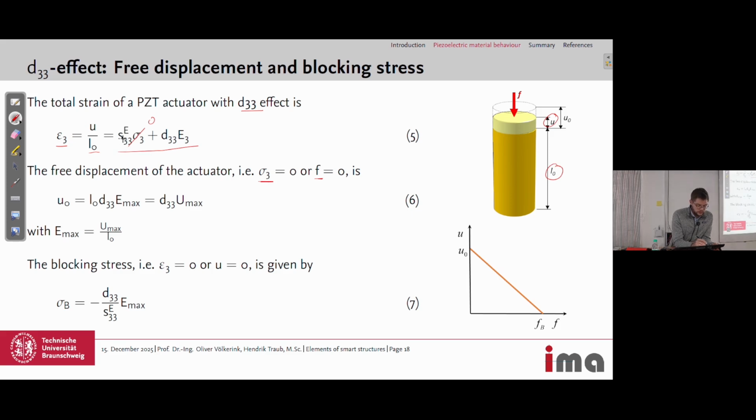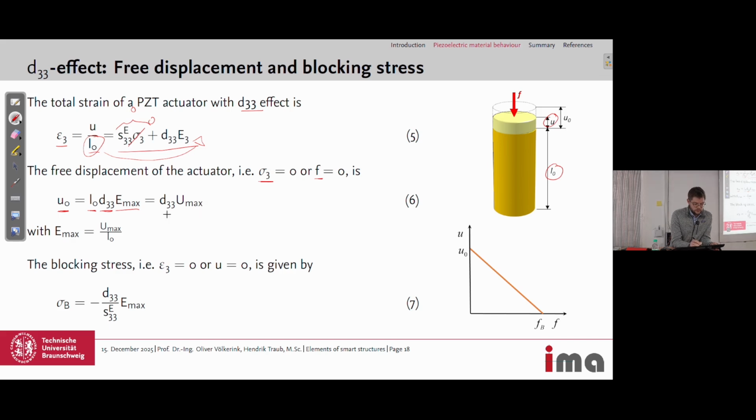If we then multiply it by the initial length L0, then we get this equation for U0, which is the free displacement: L0, the initial length, times D33 times the maximum field.